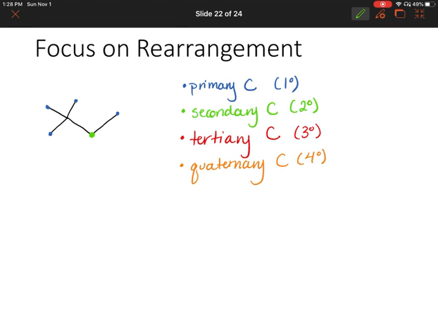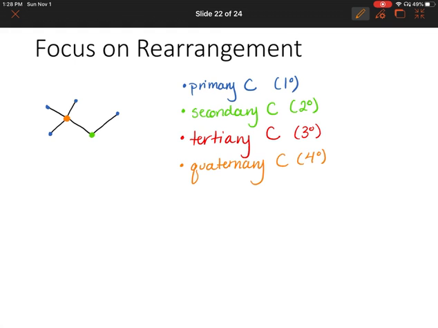And tertiary carbons are bonded to three other carbons. No, but do we have any quaternary carbons? Yes, so quaternary carbons are bonded to four other carbons. And you can see that this carbon over here, the second carbon in the chain, is bonded to three primary carbons and one secondary carbon.